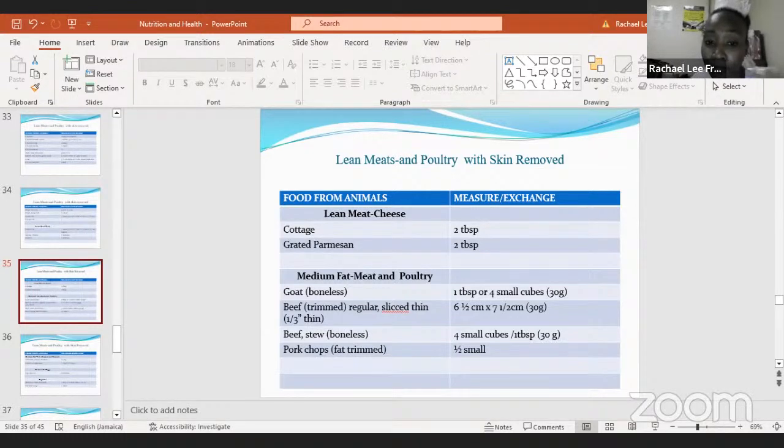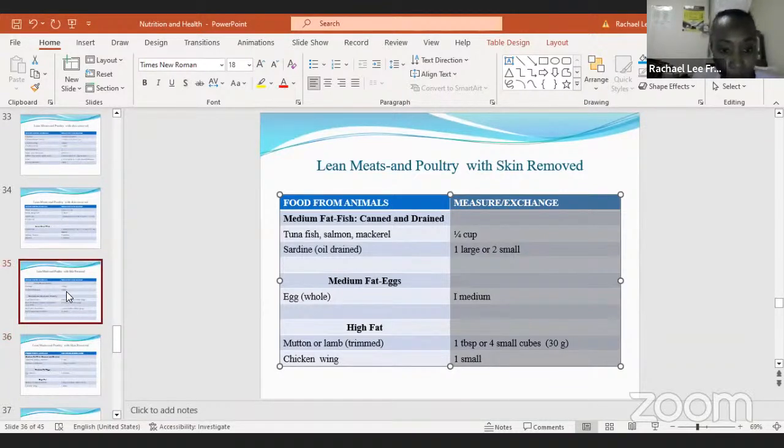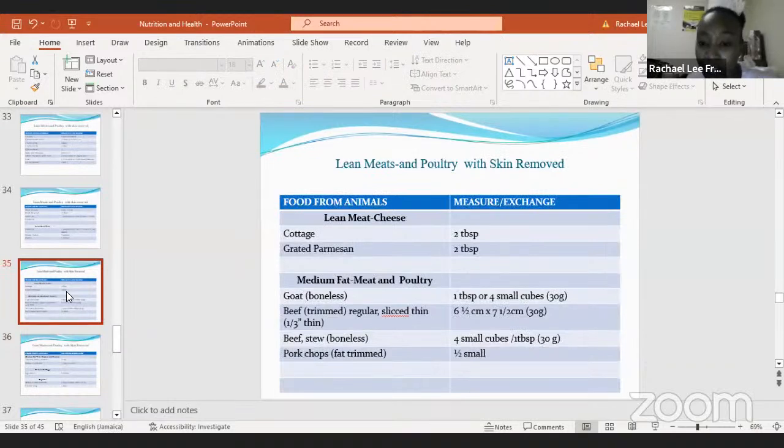Now here you have your medium fat meat and poultry. So you may have your goat. For those of us who like our curry goat, for your curry goat, it says boneless, you need 1 tablespoon or 4 small cubes.